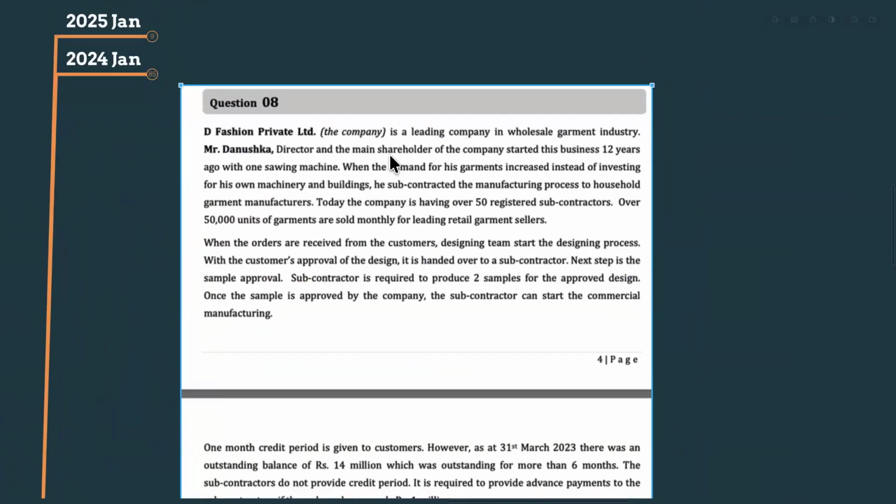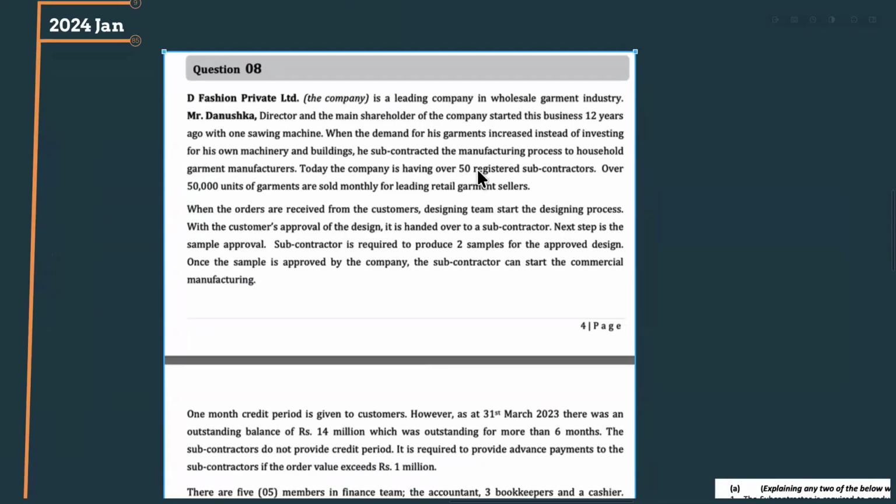D Fashion Private Limited is a leading company in the wholesale garment industry. Mr. Danushka, director and the main shareholder of the company, started this business 12 years ago on one sewing machine, right? When the demand for his garments increased, instead of investing in his own machinery and buildings, he subcontracted the manufacturing process to household garment manufacturers.